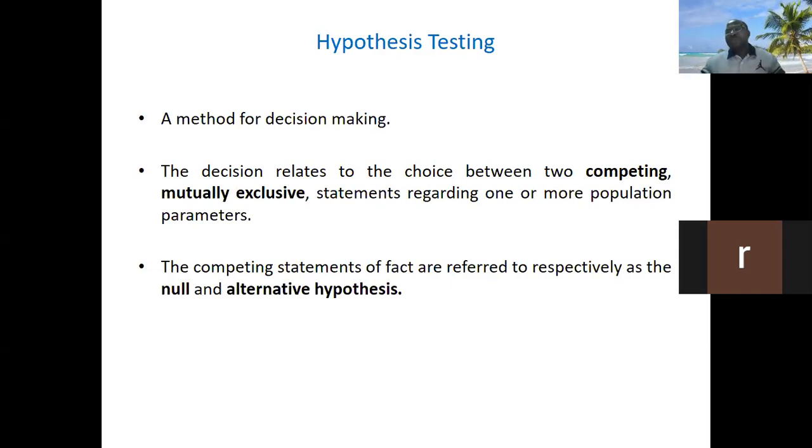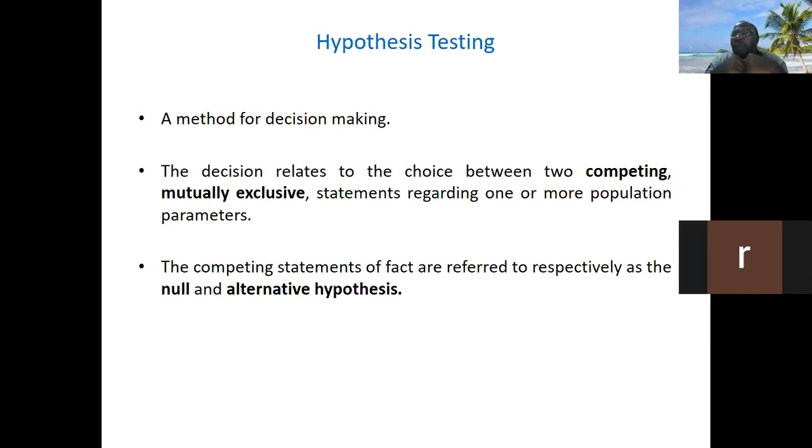For example, we want to see, is there any relationship between teenage pregnancy and socioeconomic class? In that situation, the outcome measure here is teenage pregnancy. The exposure is socioeconomic class.